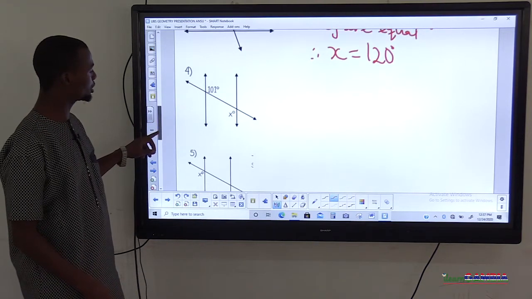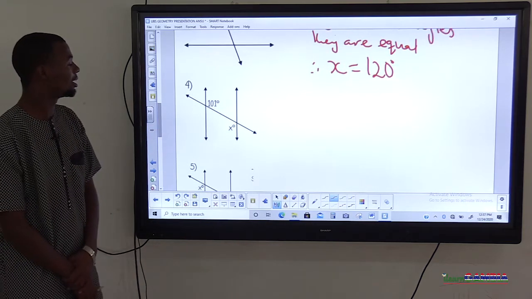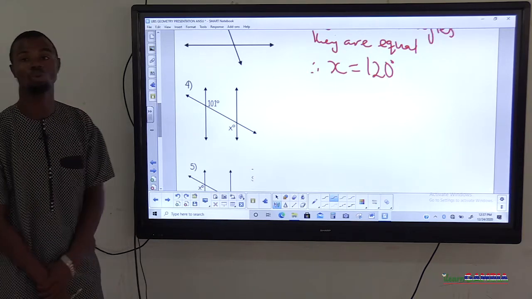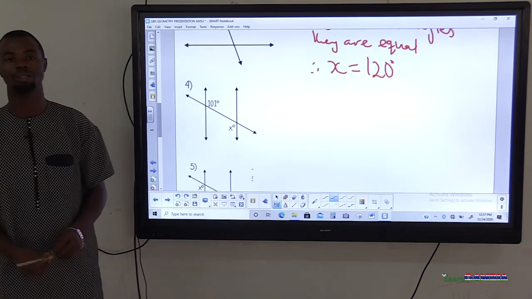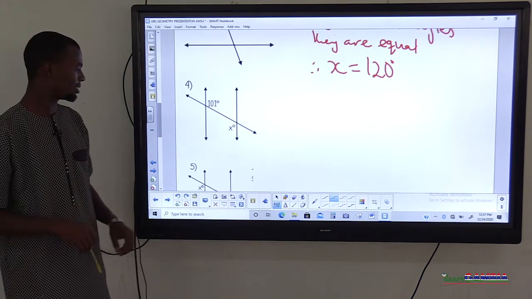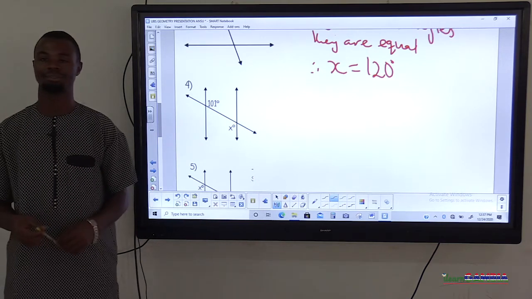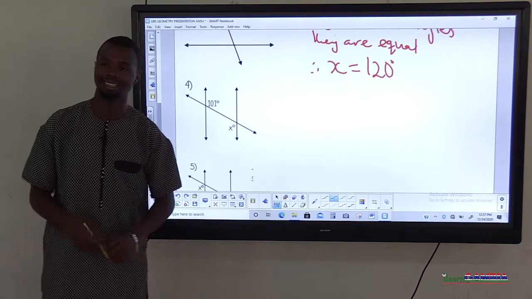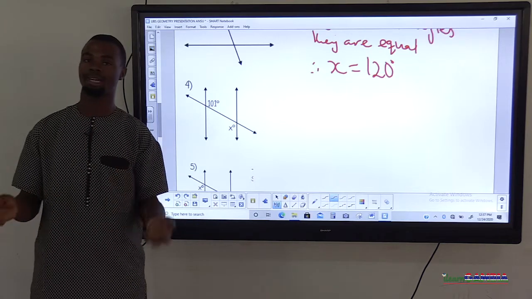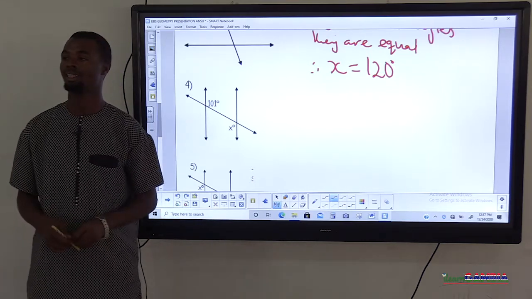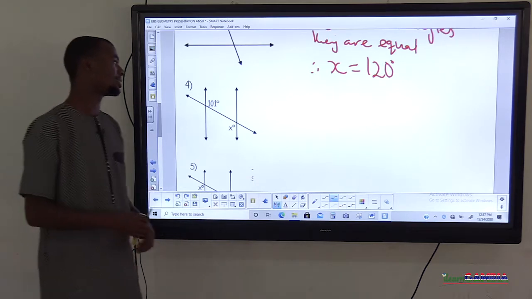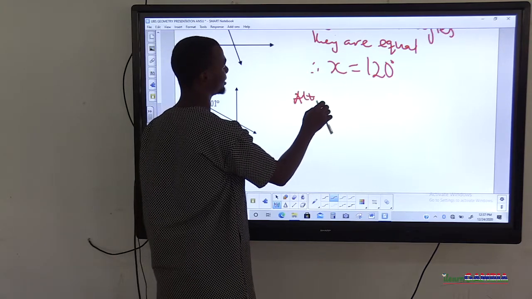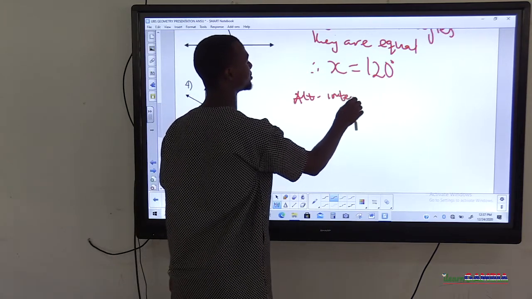We look at the fourth question. X degrees and 101 degrees. What type of angles are they? 101 is an interior angle. X is an interior angle. And they are found at opposite sides of the transversal. They are alternate interior angles.